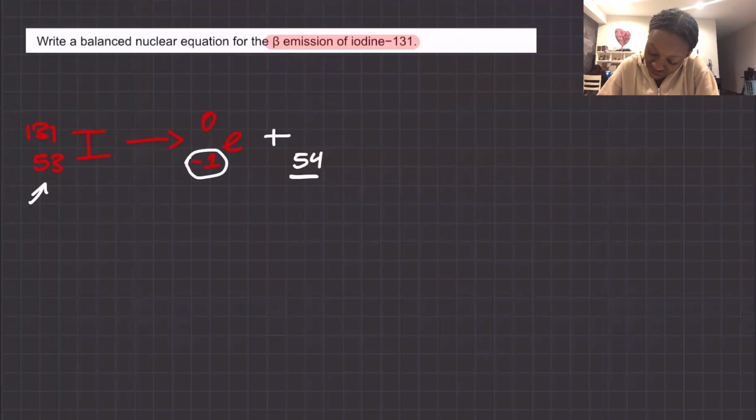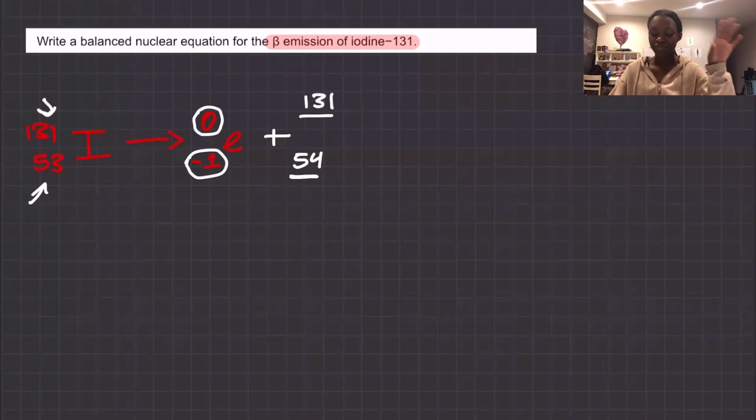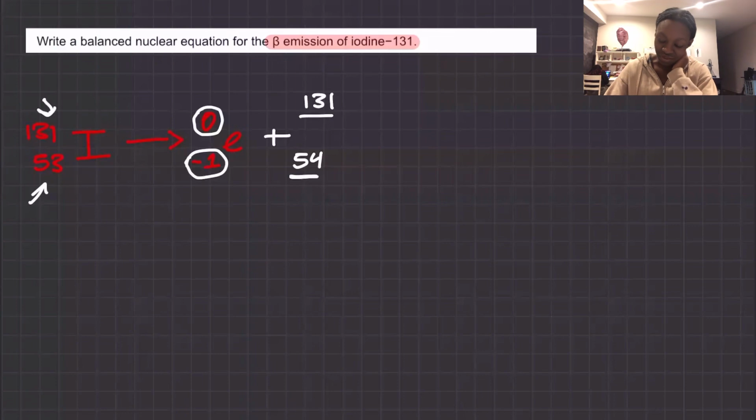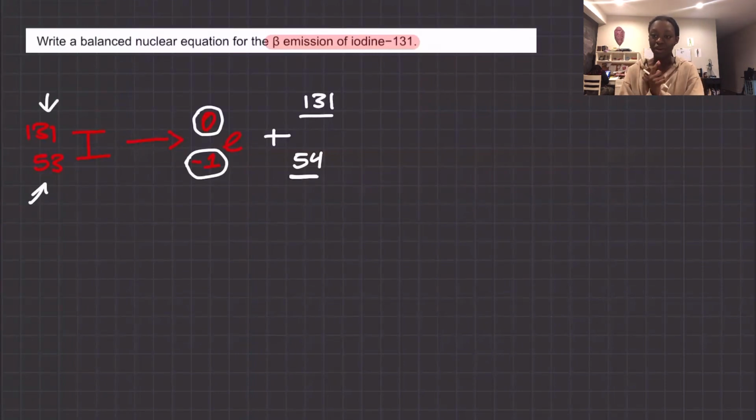Same thing, whatever goes here has to add to 0 to equal 131. That's not super hard. It will end up being 131, because 131 plus 0 is 131. Don't know why on this side my arrows are super wonky. Okay, so we know that the atomic number is 54 and the mass number is 131.